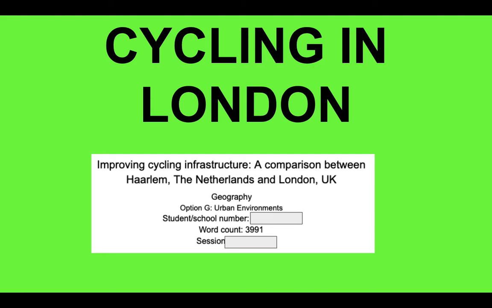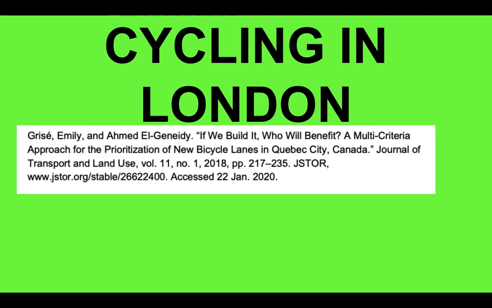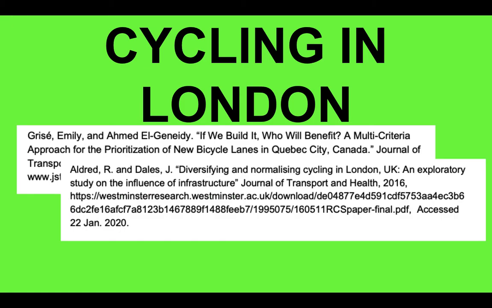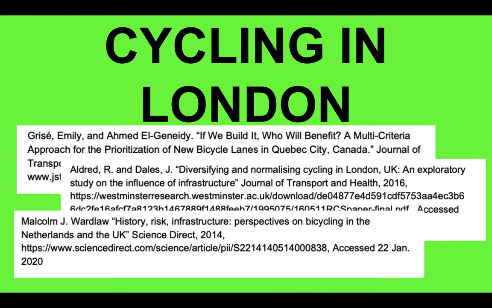Another extended essay, also from a previous student at Halcyon, looked at cycling in London and compared cycle infrastructure between two European cities. And lots of context-specific studies were analysed, and their insights were used to design the methods.